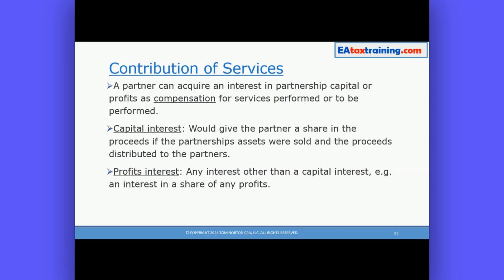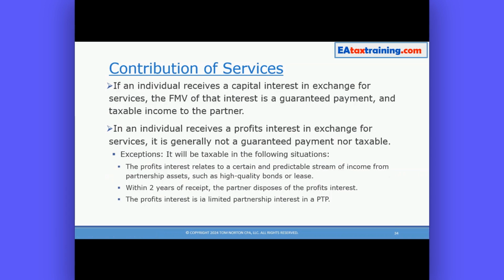So you're an important part of the business and the work you do is valuable. As part of the compensation for that, the partnership agrees to give you either a capital interest or a profits interest or both in return for your services.